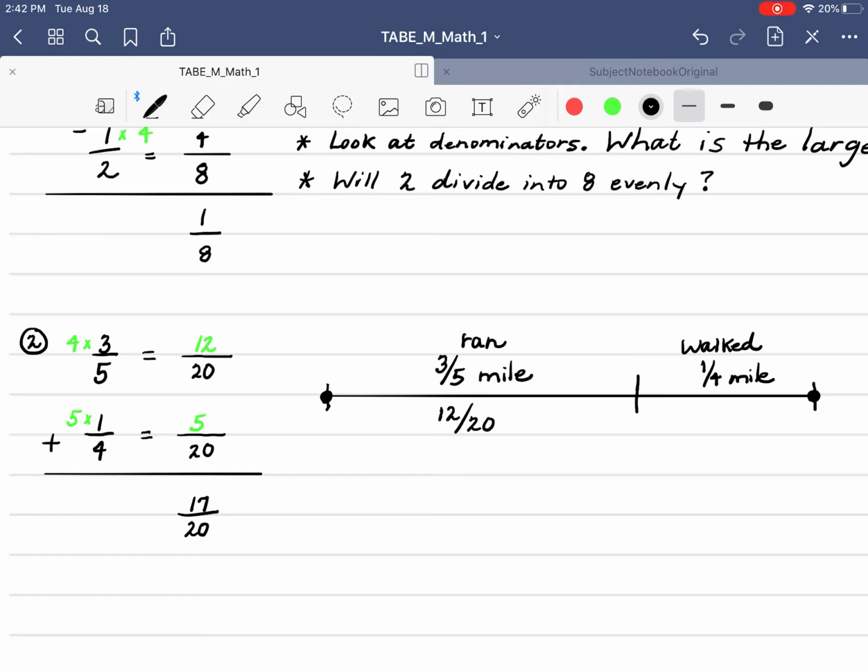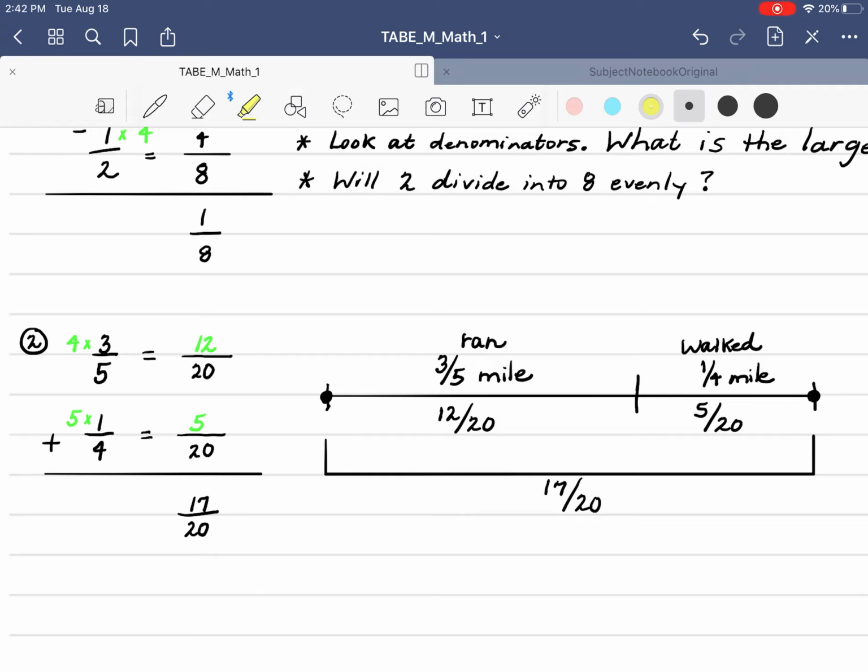So that's an illustration of what's happening. So it's telling me that he ran, if we use our equivalent fractions, that's 12/20. And he walked 5/20. And once I get those on equal terms, I can tell you what the entire distance was. And that's what we were looking for. 12/20 plus 5/20 means that the entire distance was 17/20.